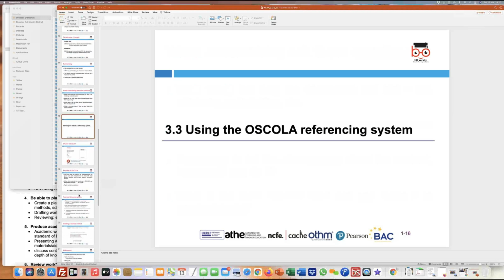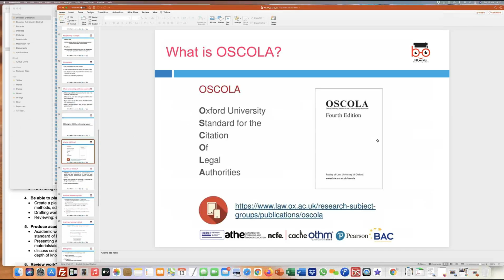Now, when we look at the OSCOLA referencing system, OSCOLA is a short form for the system which was developed by Oxford University. The full form is Oxford University Standard for Citation of Legal Authorities. It's an acronym for that.